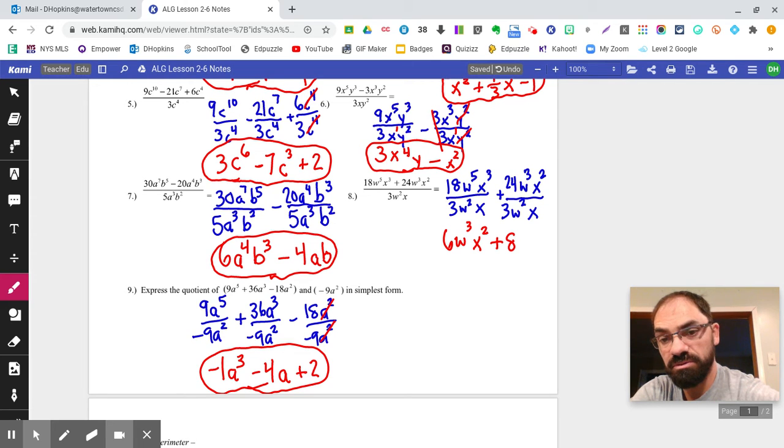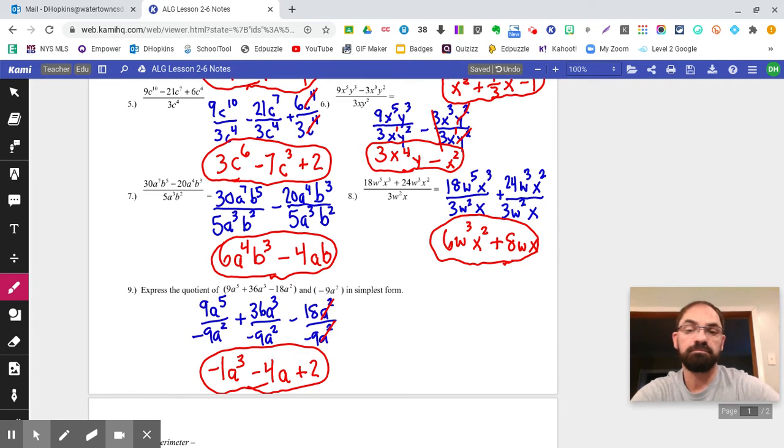W cubed divided by w squared is w to the first, and then x squared divided by x is x to the first. And there you have it.